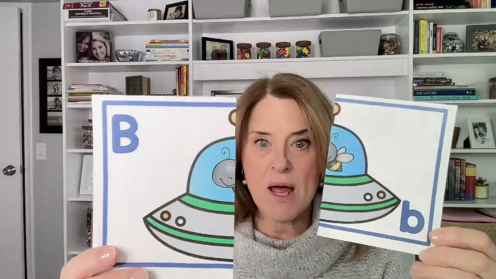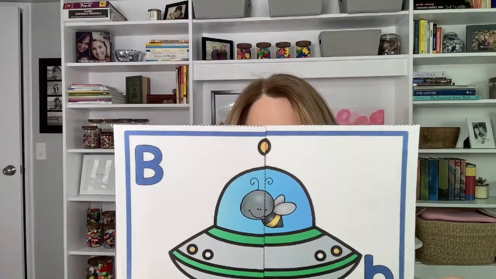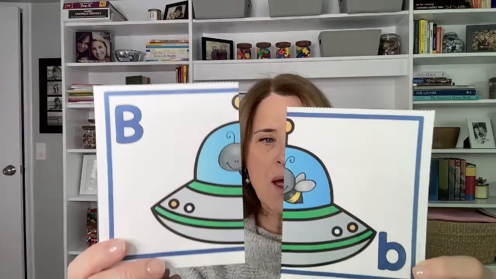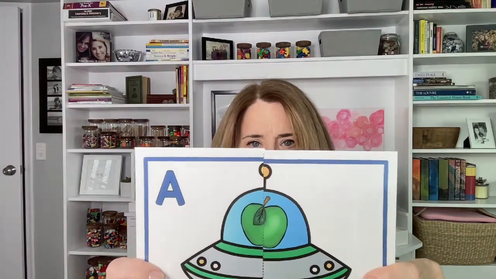We're using our, I always forget what it's called, our visual discernment, like we're trying to find the other half of this to make the whole spaceship and the whole picture in the middle. We've got our uppercase letter, lowercase letter, and then our beginning sound. So I'll just show you. I just took two of these out. So A made apple, B made bee, and we go through the whole alphabet. So the kids really enjoy doing that.